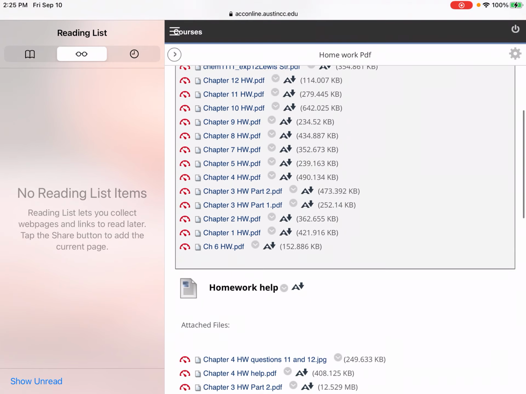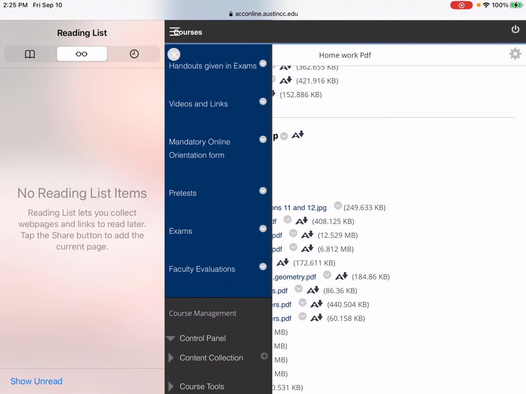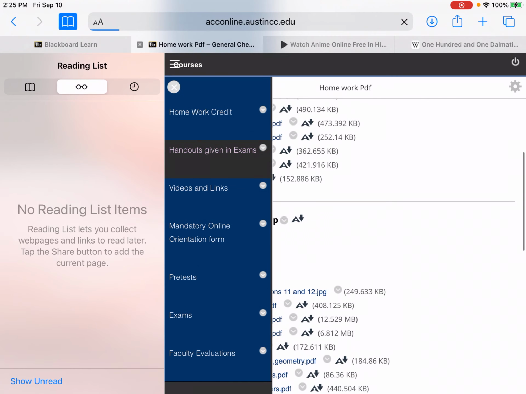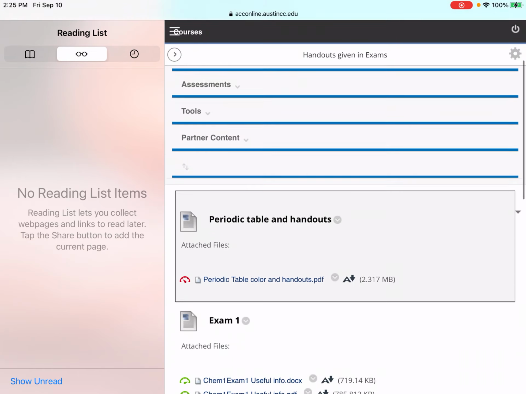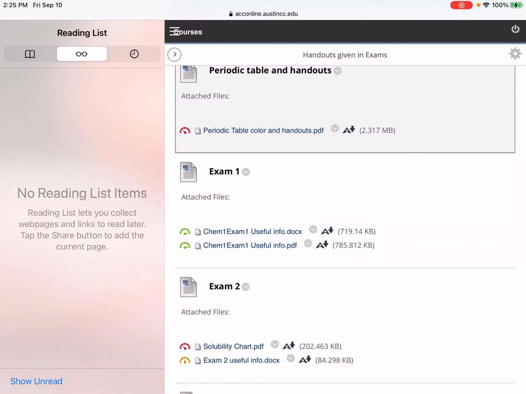Okay, over here you go to handouts given in exams, you click that, and then here periodic table and handouts. So this is one handout.